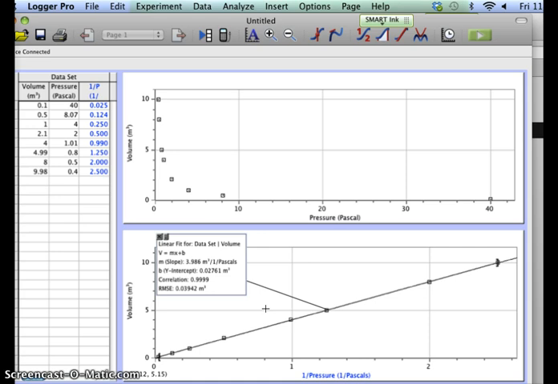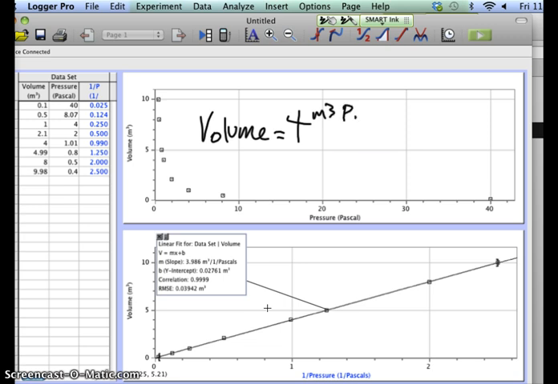So now you would want to write an equation. I'm almost out of time in the screencast. So I'm going to write the equation really quick, and then we'll stop the screencast. So I'll write volume equals, help me, 4 meters cubed over 1 over Pascal.